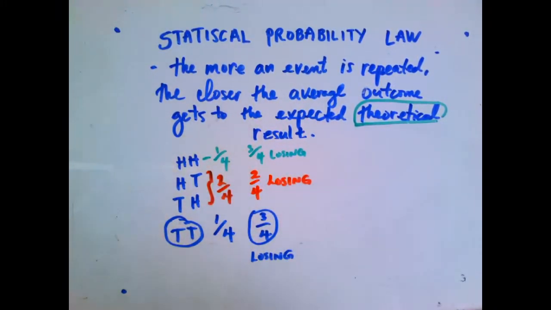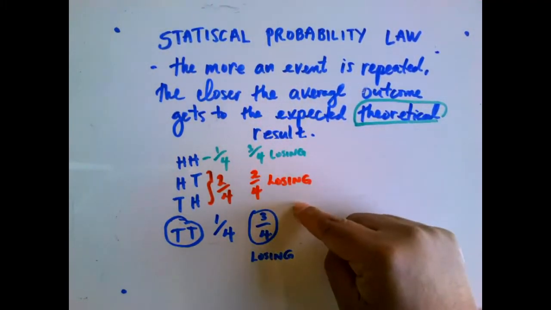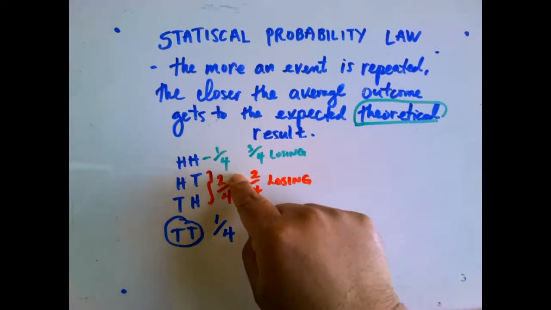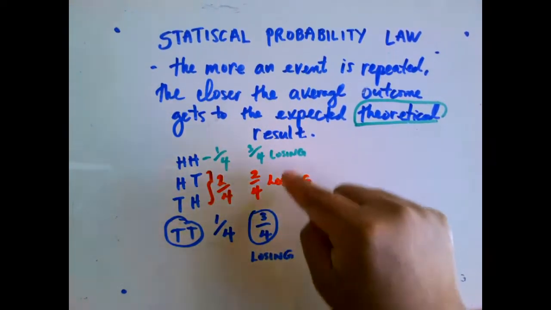So in a way, betting on one head and one tail has more chance of winning than the other options.